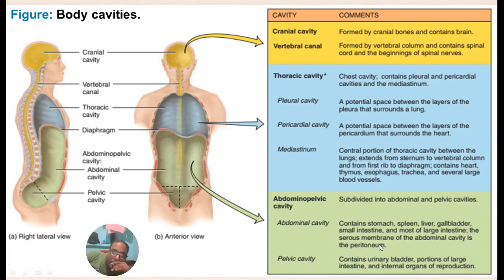And the pelvic cavity contains the urinary bladder, a portion of the large intestine, and internal organs of reproduction. So these are the body cavities and the organs which are positioned in these cavities and protected in them.